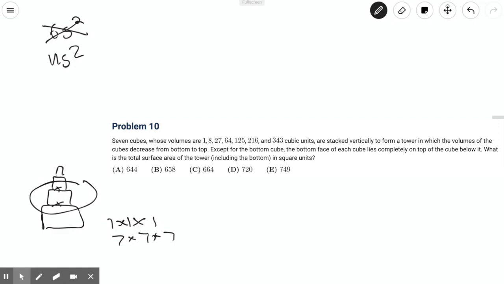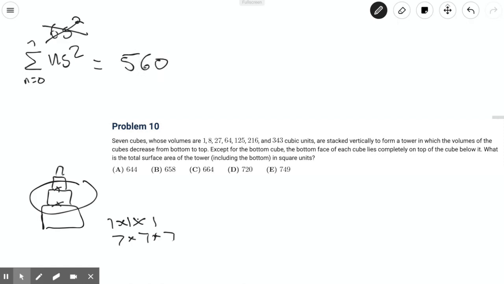So by knowing this, for each of the side lengths from 1 to 7, we can calculate 4s squared. By adding them all up, we would get a total sum of 560.